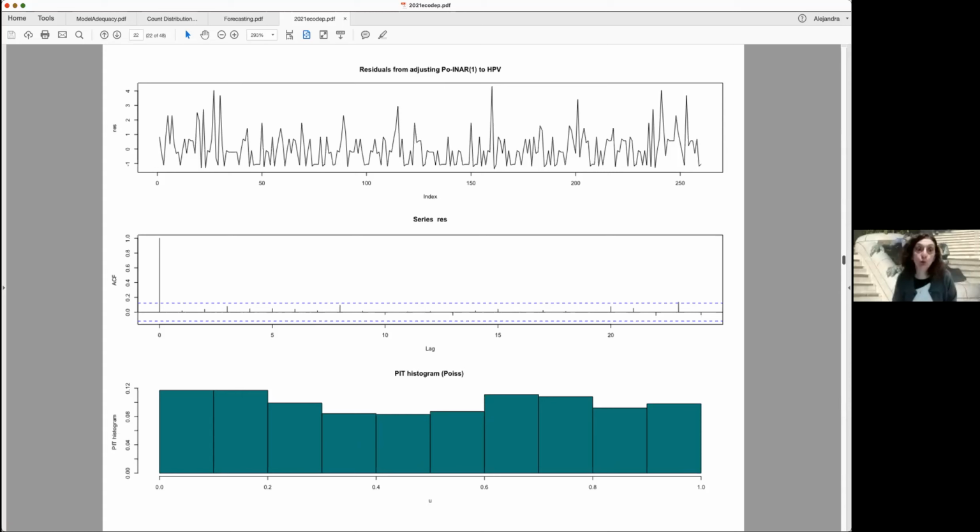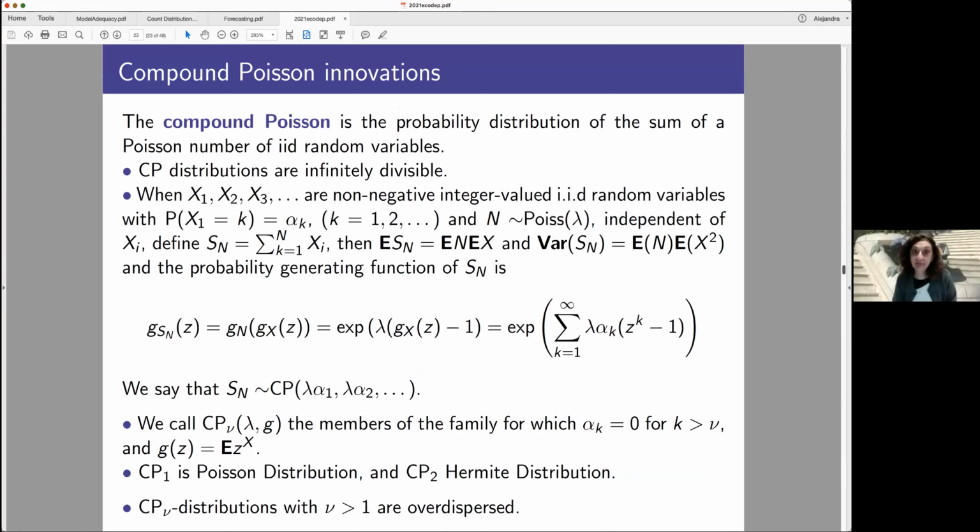And what might something different be? Well, change the innovations. We could change the Poisson innovations to compound Poisson innovations. In particular, negative binomial, which is a compound Poisson, but any member of the compound Poisson family would do.